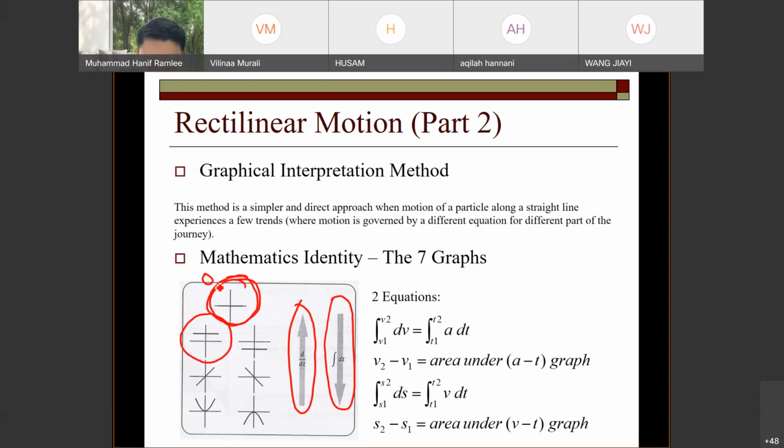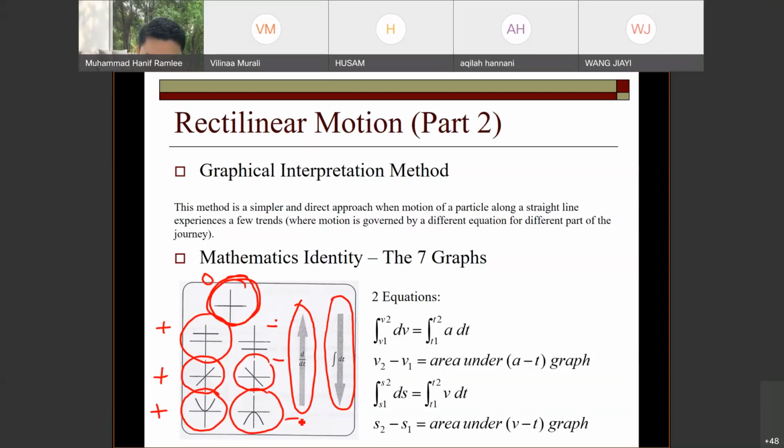Zero graph, which is no value at all. This is the positive, this is the negative, linear. This is linear, this is also linear. This is positive, this is negative, this is the quadratic equation, positive and negative.